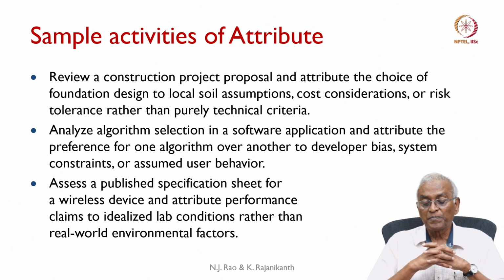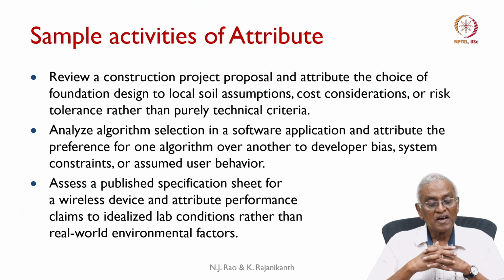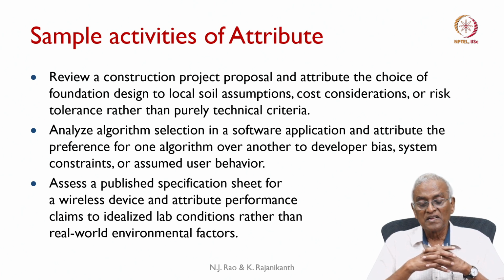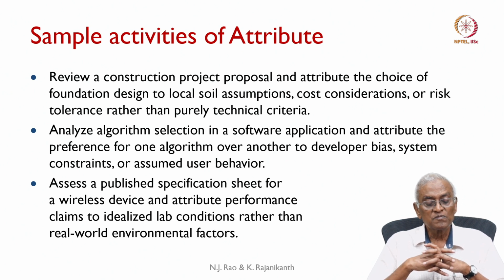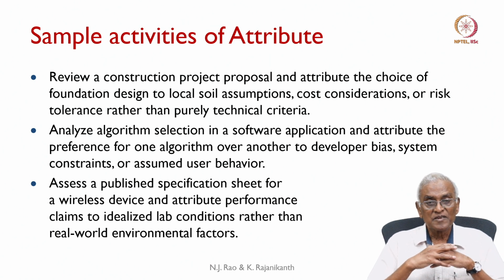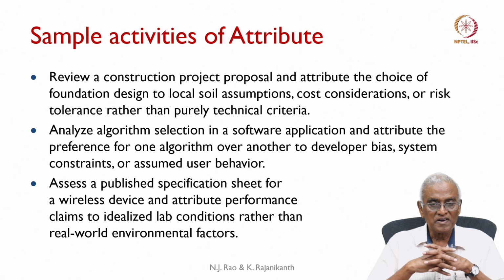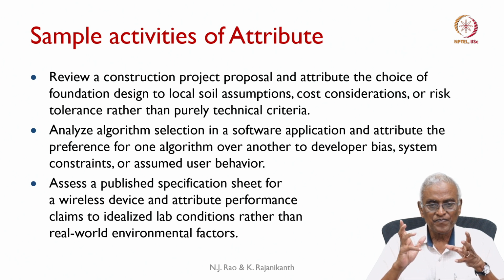Analyze algorithm selection in a software application and attribute the preference for one algorithm over another to developer bias, system constraints, or assumed user behavior. Now, this particular type of thing is becoming more and more important these days because of the extensive use of AI. After all, AI is nothing but using certain algorithms.